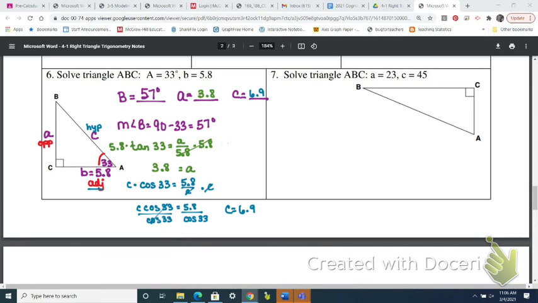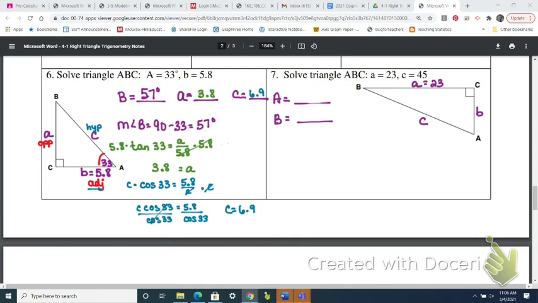Okay, last one, A, or 7. Again, in this case, I don't have any of the angles, so I'm going to have to find angle A. I'm going to have to find angle B. And now I'm going to go ahead and put on there what I know. So this is side A, B, and C. Side A is 23.